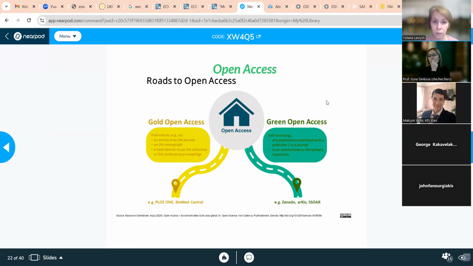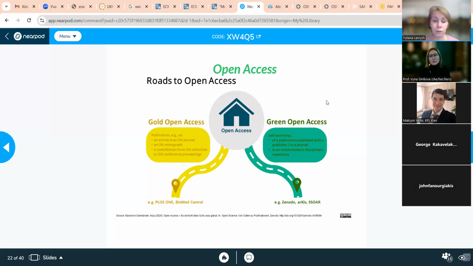Gold open access means that you apply to some journal, and then you perform pre-registration, preprint, open peer review, and then publishing. This is gold open access. So people make it open instead of you.